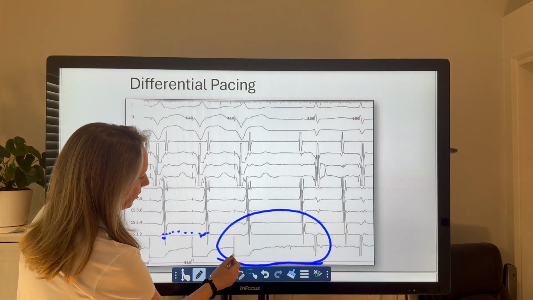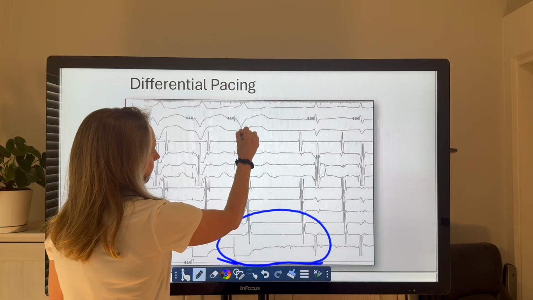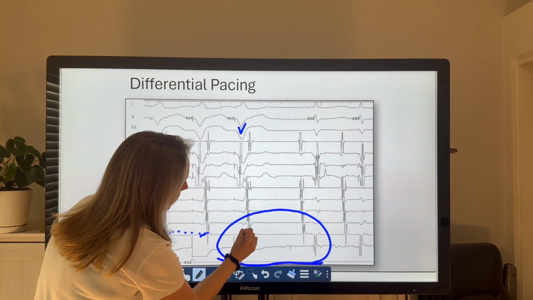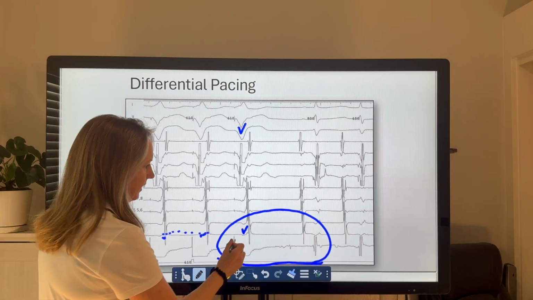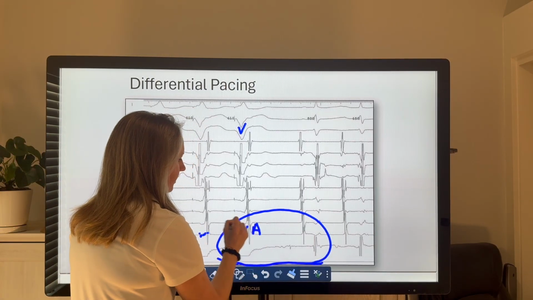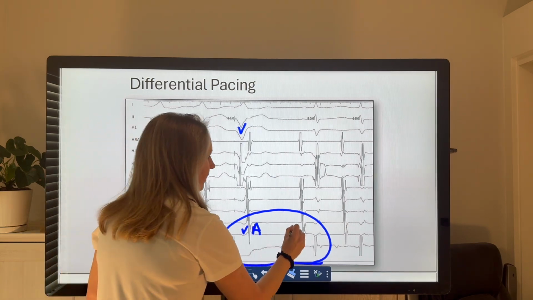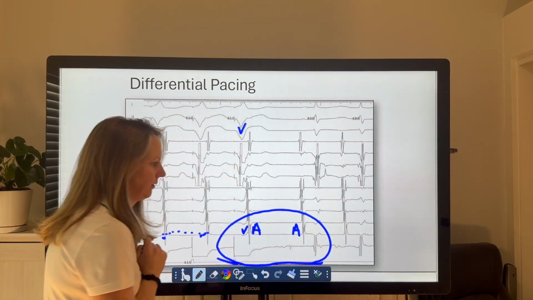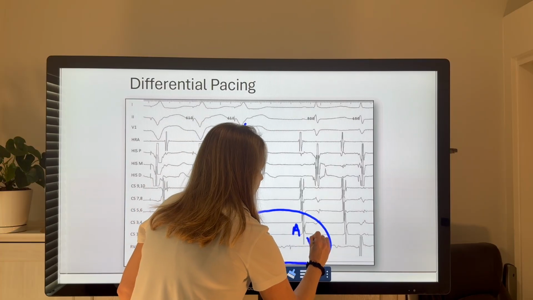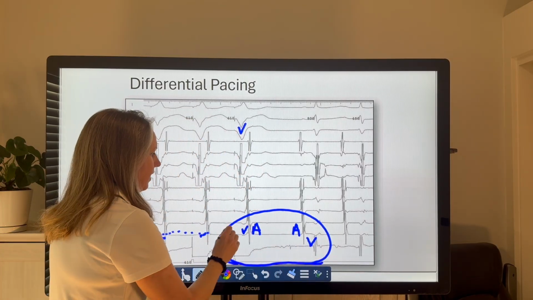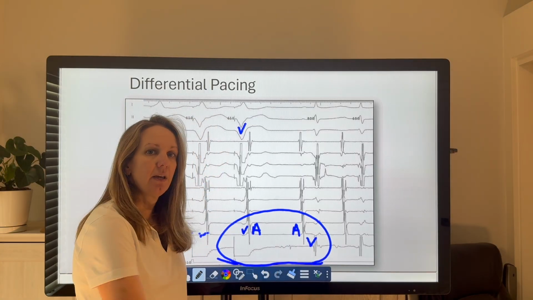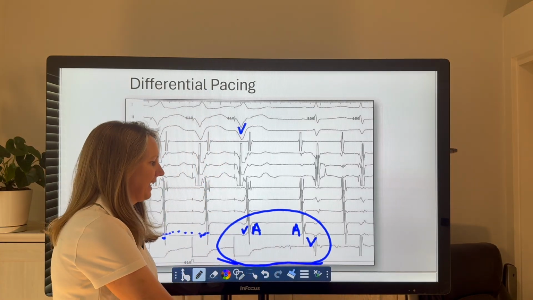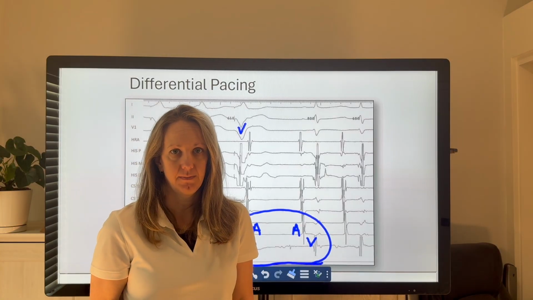Here, we pace the ventricle. Remember, we can't see it there, but we can definitely see our V here. Here, our V is tucked in tight. So we have a V, then an atrial signal, then an atrial signal, and then V. So this is a VAAV response. This is the response seen in atrial tachycardia.